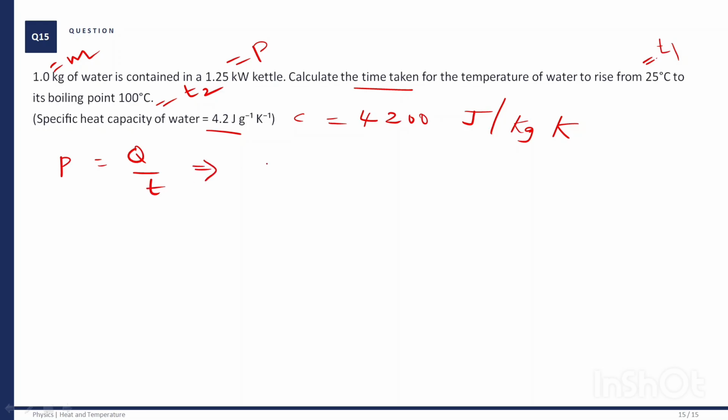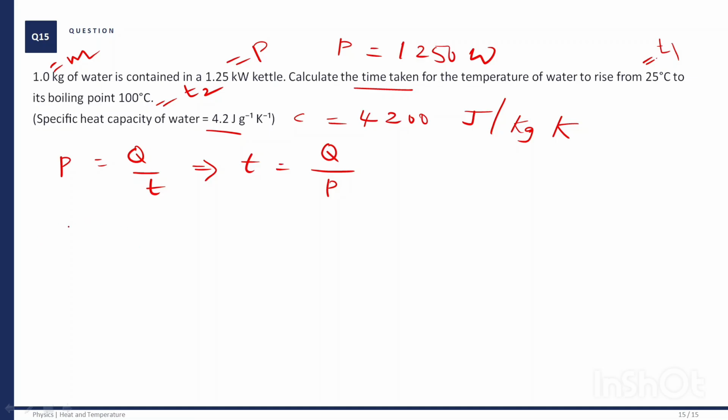That implies time T equal to heat energy by power. And power P is given here, 1.25 kilowatt, I mean 1250 watt it is. 1 kilowatt equal 1000 watts. So I multiply with 1000.